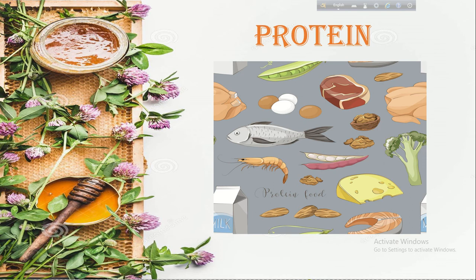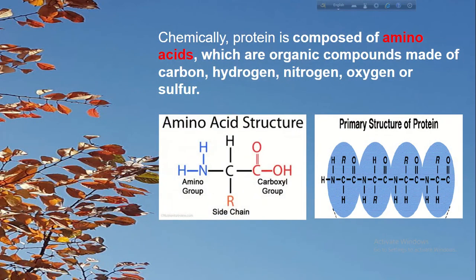Protein is a composite element of our body, and food is composed of a number of chemical elements. Protein is one of them. So let's start the class. Chemically, protein is composed of amino acids, which are organic compounds made of carbon, hydrogen, nitrogen, oxygen or sulfur.